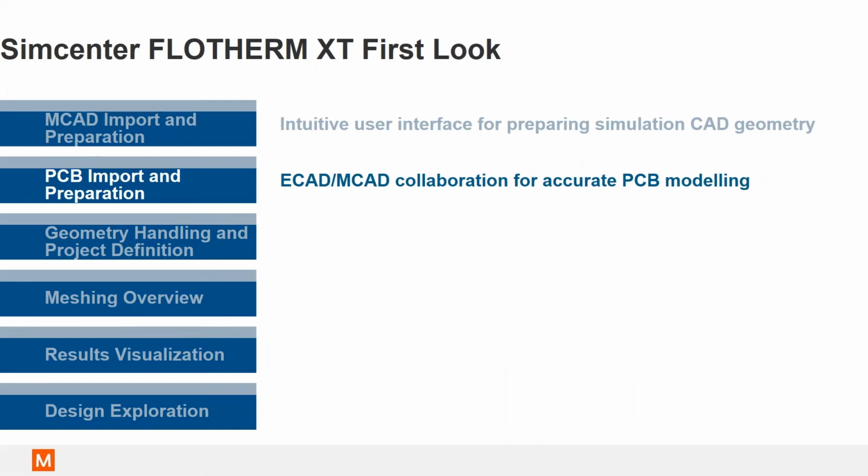Now we have a superior ECAD-MCAD collaboration, as you saw, for accurate PCB simulation, which is the core for a lot of electronic cooling applications. It is vital to get the component and the PCB right, as we all know. Using the thermal list, we can apply the component information in a fast and very accurate manner, and it is an automated process. Most of what you saw was automated within FlowTherm XT.